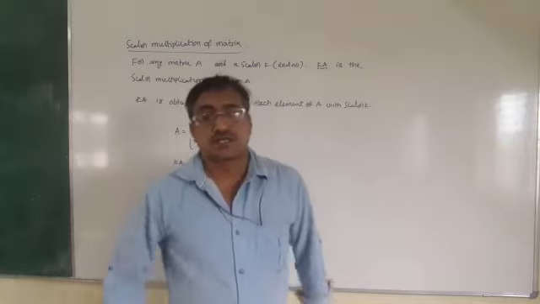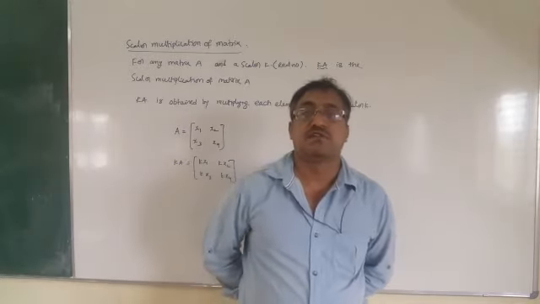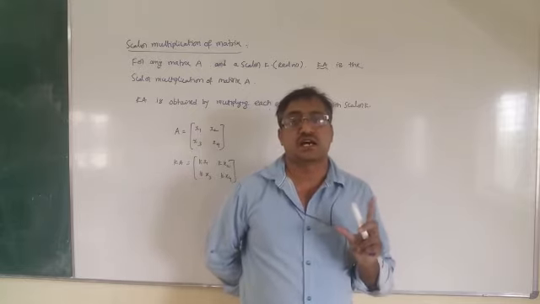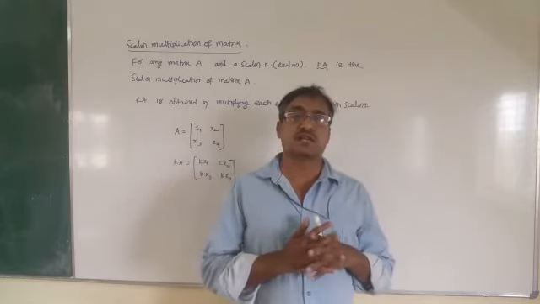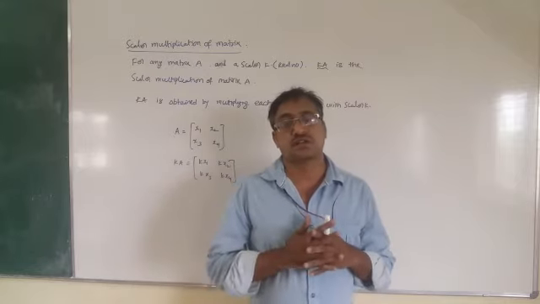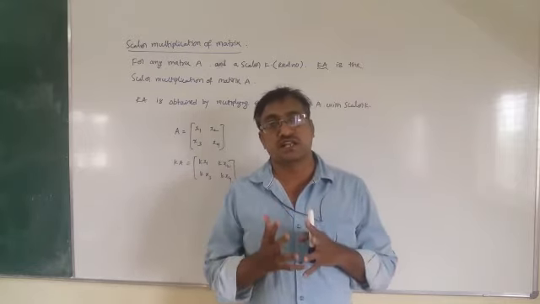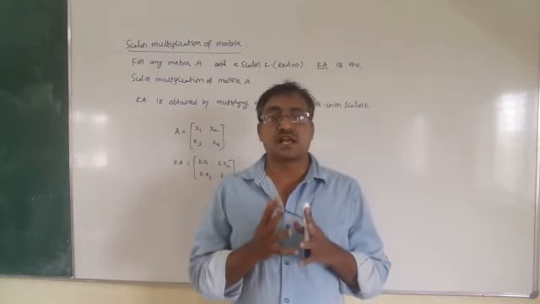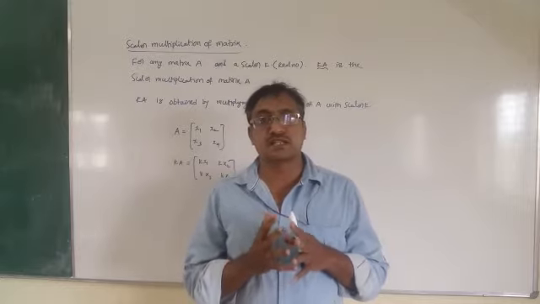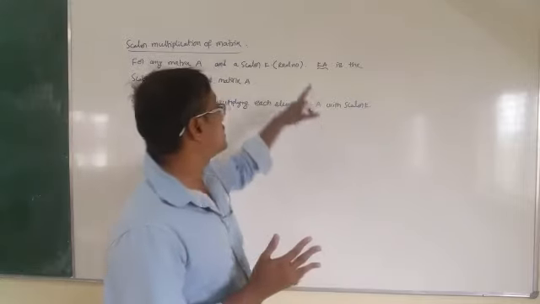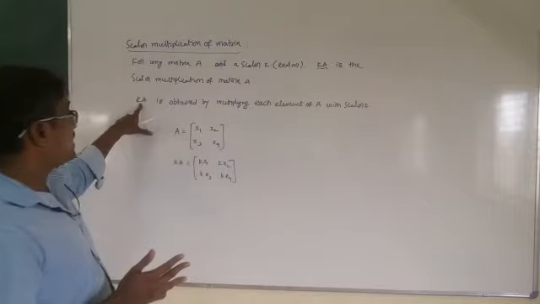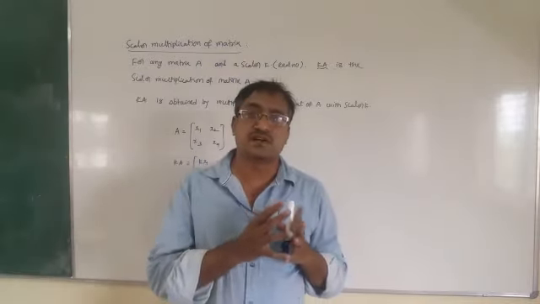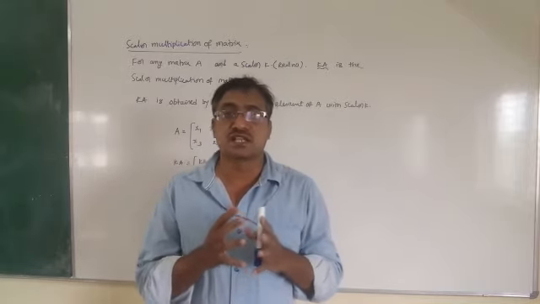Another important concept, scalar multiplication of a matrix. Now for any matrix capital A and a scalar K, scalar is nothing but a real number in these concepts. So for any matrix A and for any scalar K, KA is called the scalar multiplication of the matrix A. That is, KA is obtained by multiplying each element of the matrix A with the scalar.